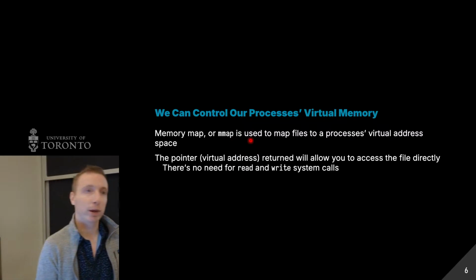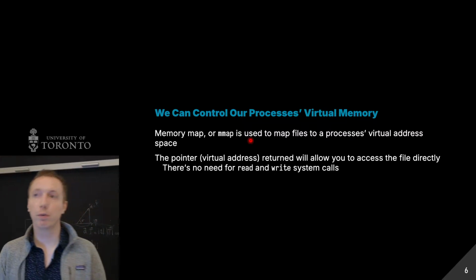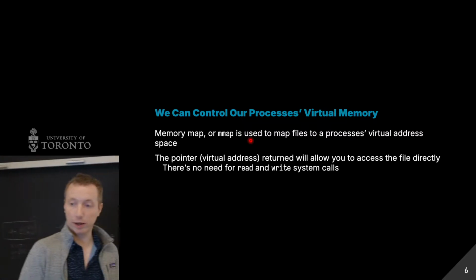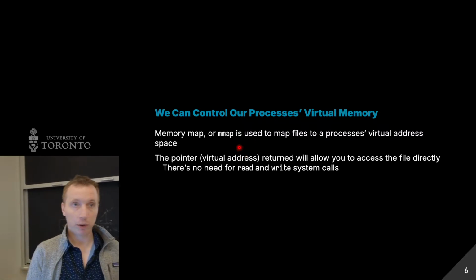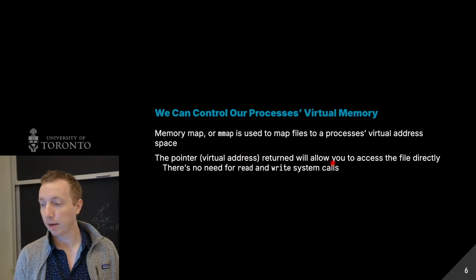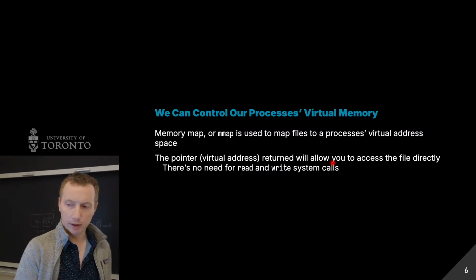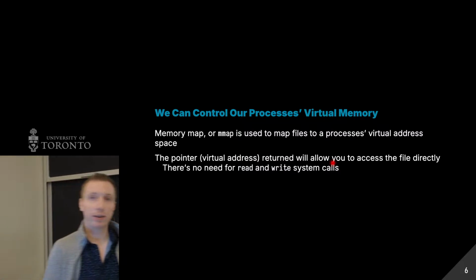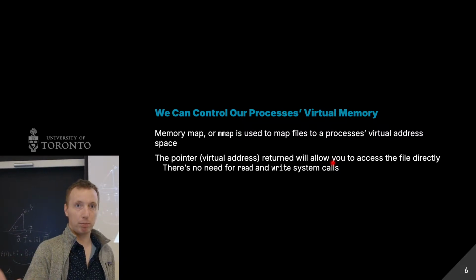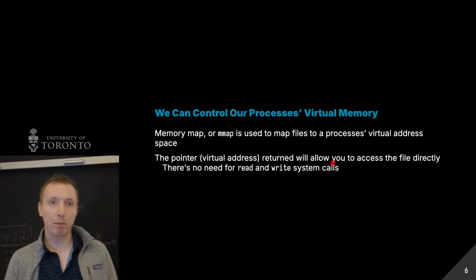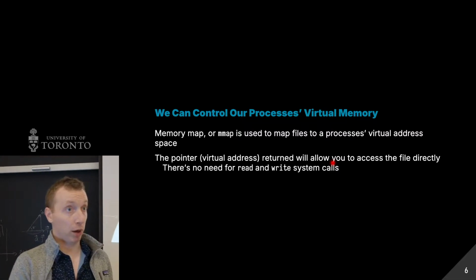It is a way for you to control your own virtual memory in your process. The pointer you get back is of course a virtual address, and using this system call, you can set it up so that a virtual page, instead of just mapping to a physical page in memory, actually maps to a file instead.